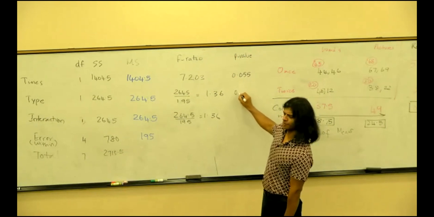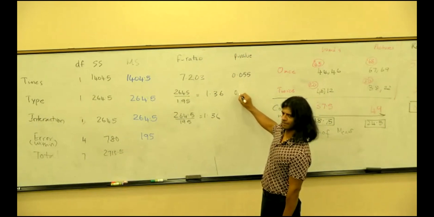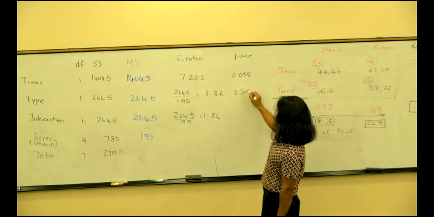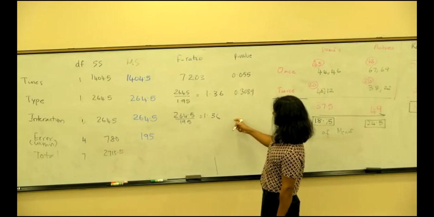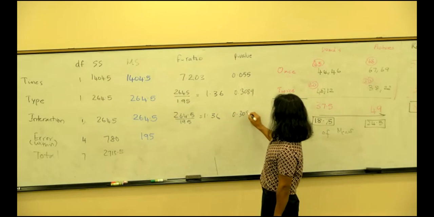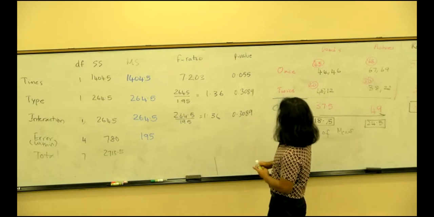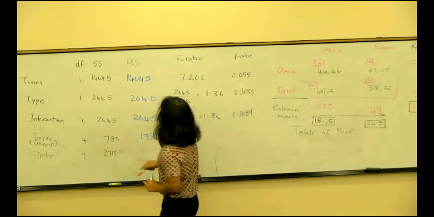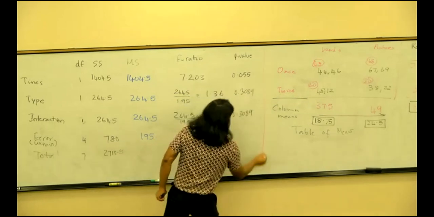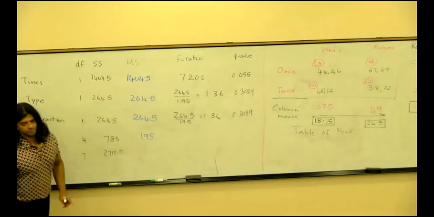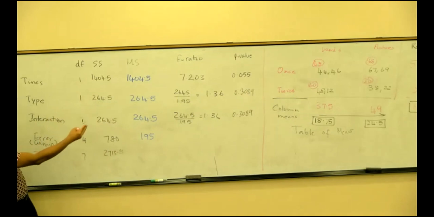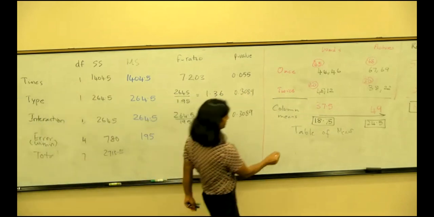I believe that was 0.3089. Same thing. Good. The table on the right is the table of means.